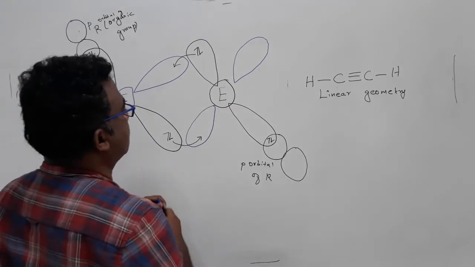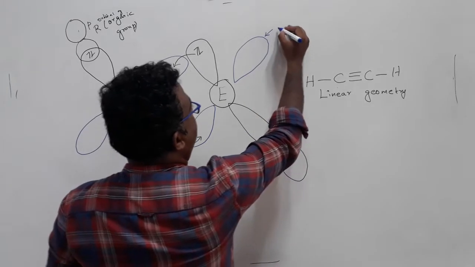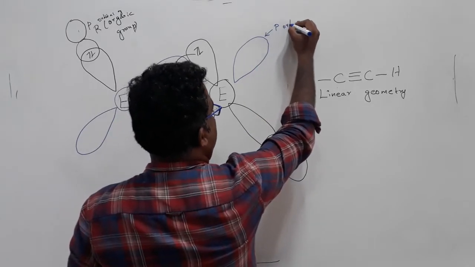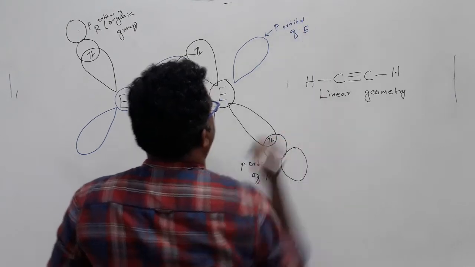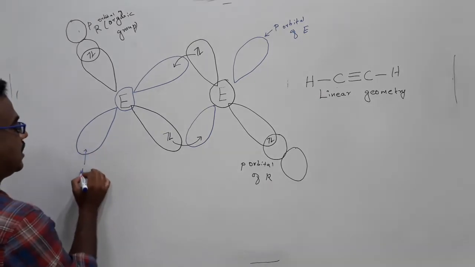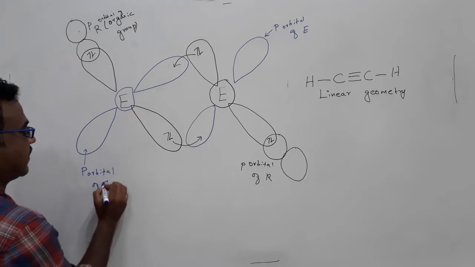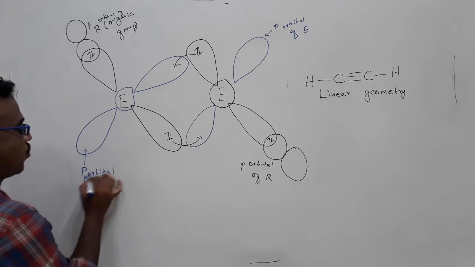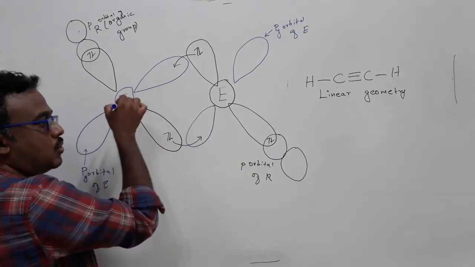So this one is the p orbital of E. This one is again the p orbital of E. For example, if you consider this one is py, then you have pz which is perpendicular to the board.